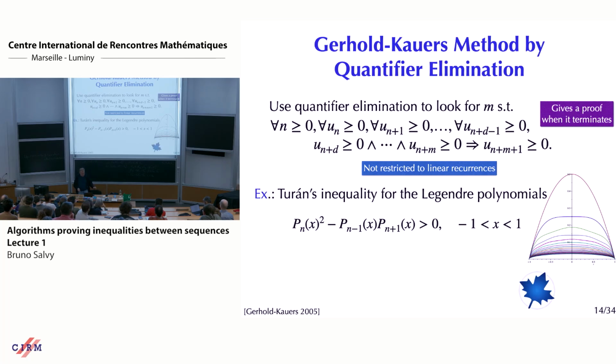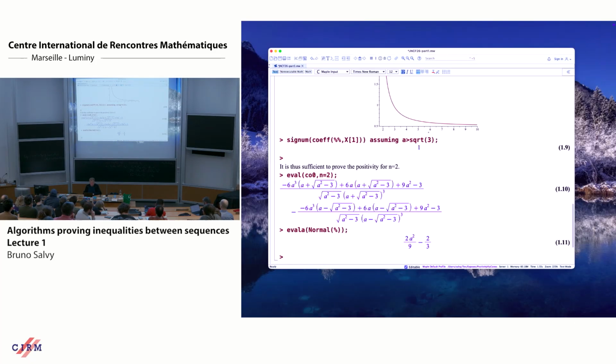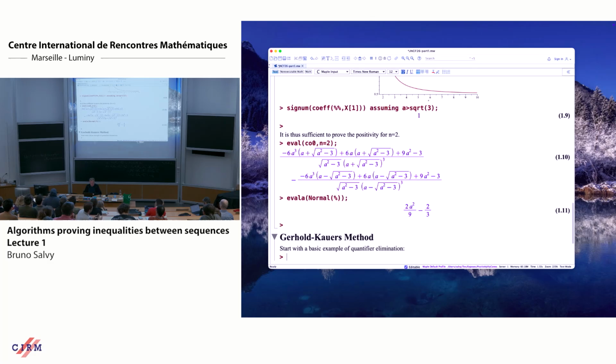So let me try this. Start with a basic example of quantifier elimination, if you've never seen that. Everybody takes the same example. There exists x such that ax squared plus bx plus c is 0. I think that's the syntax.